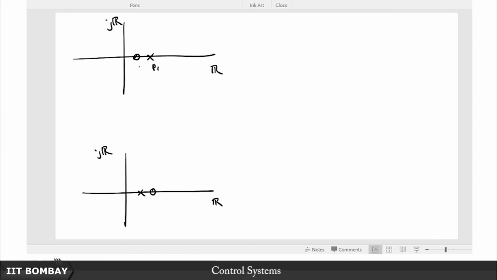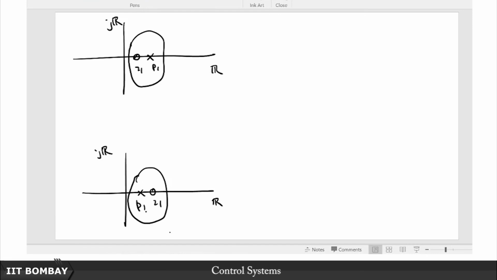This is, let us say, p1, this is z1, this is z1, this is p1. These are all in the RHP. I do not really care in this case. I was actually thinking we will identify them with lag and lead compensators, but forget about it. Let us not give any control theoretic notation to this at the moment. Just look at them as rational functions. And let us say we consider our contour like this in either case.